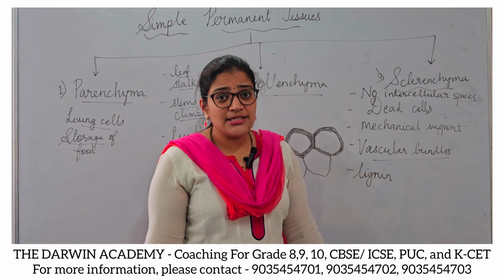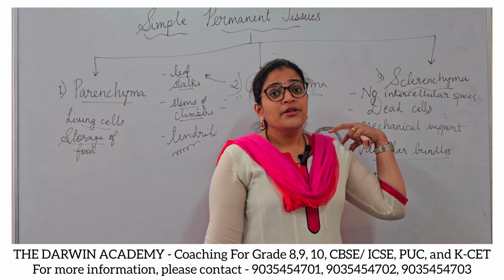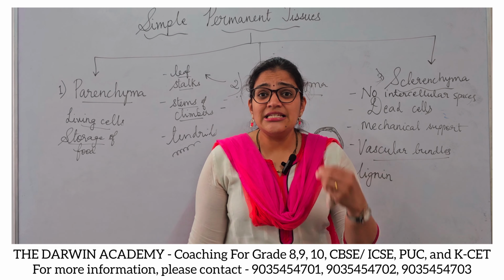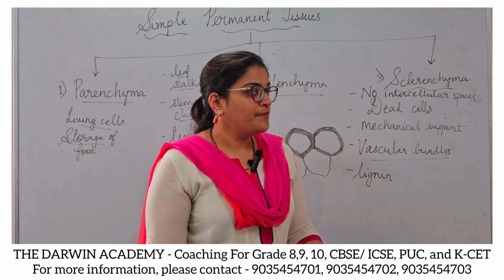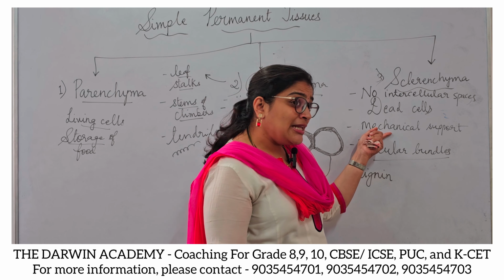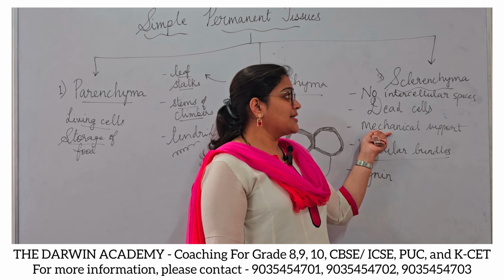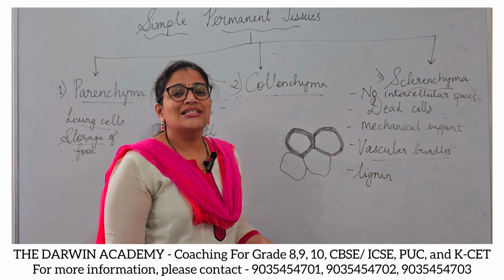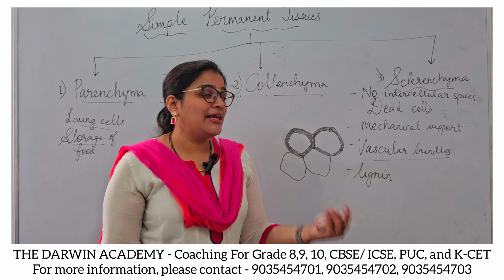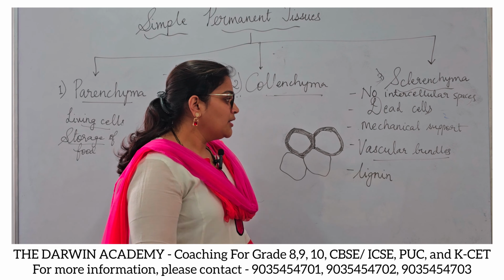The third type is sclerenchyma, where the cells that make up the tissue are dead at maturity. It is mainly involved in providing mechanical support, and there are no intercellular spaces between its cells.